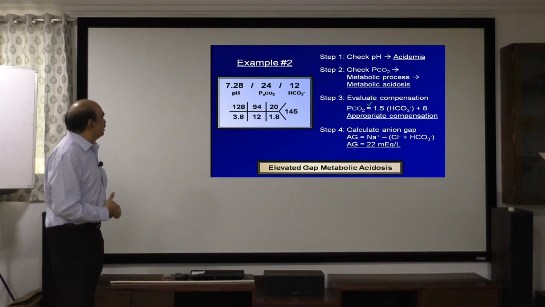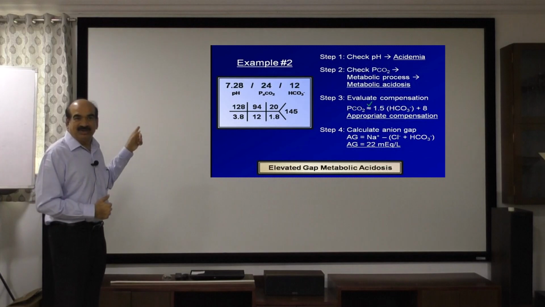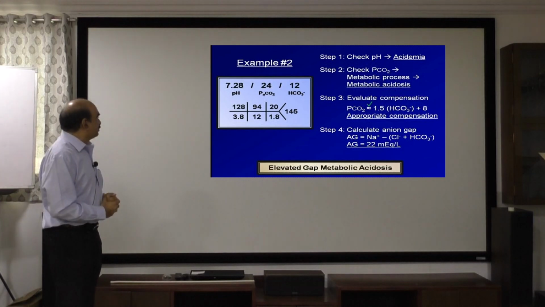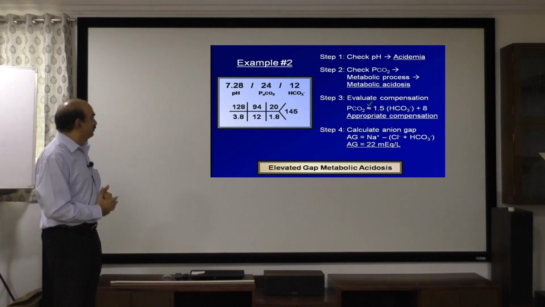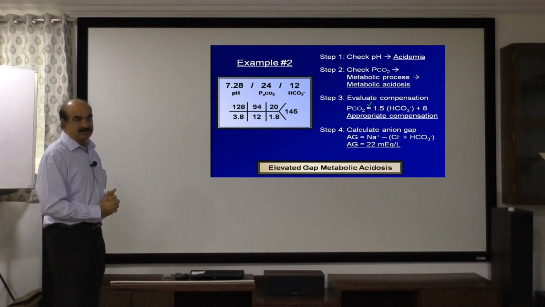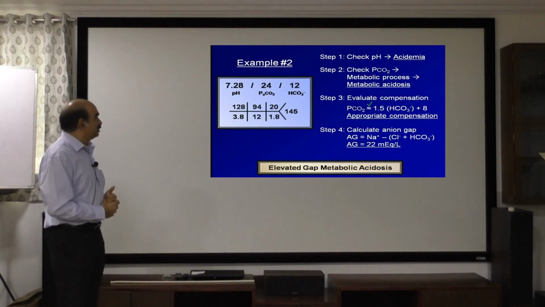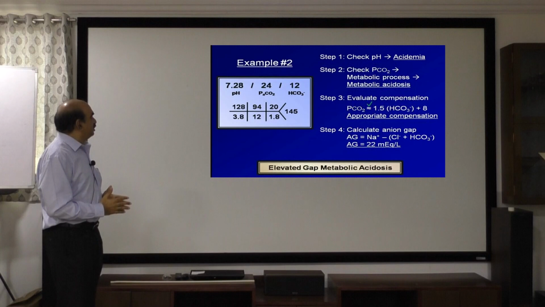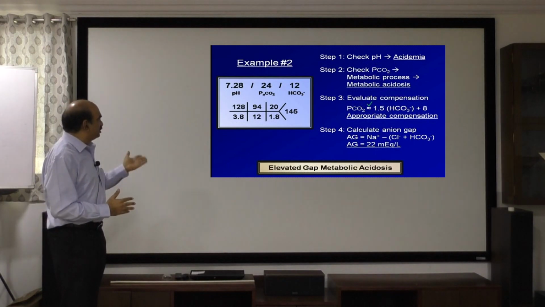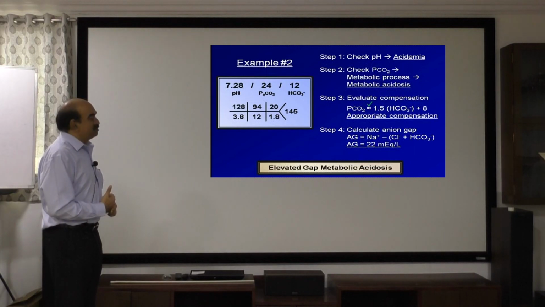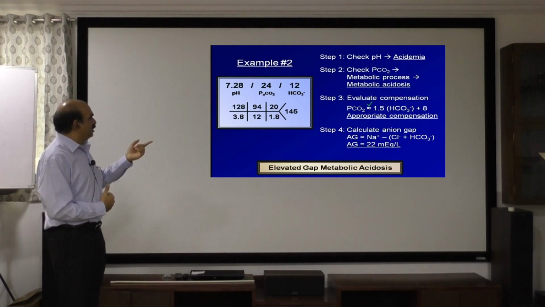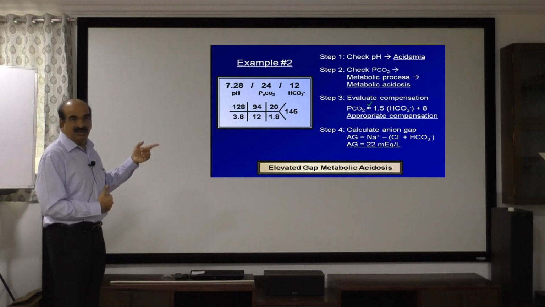Here pH is 7.28, which means acidosis. Cause for acidosis? Metabolic acidosis, low bicarb. Evaluate compensation. 12 plus 15 means we expect 27, but with the other formula, 1.5 times 12 plus 8, that is 18 plus 8, 26.